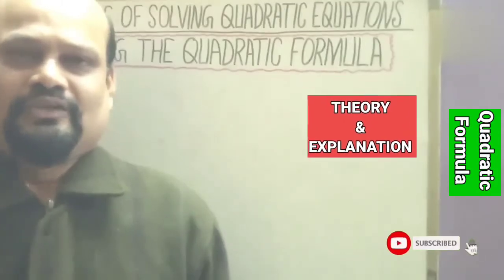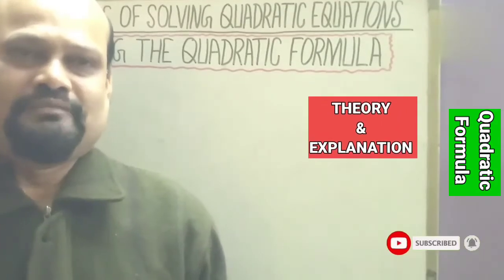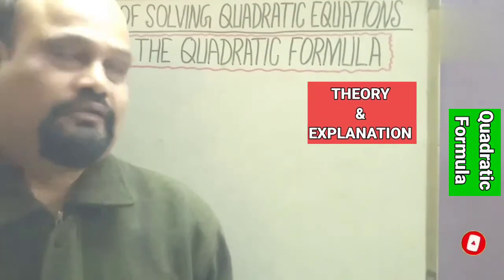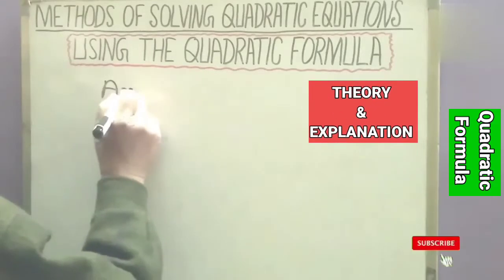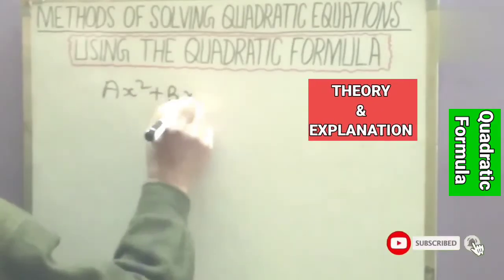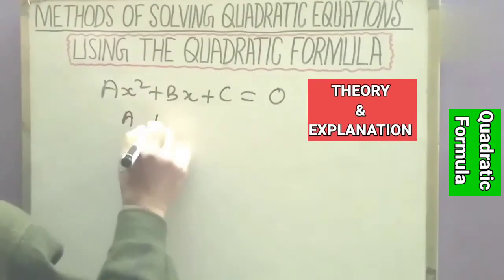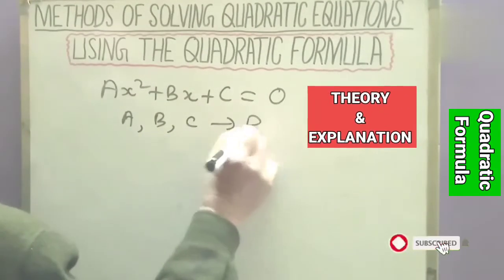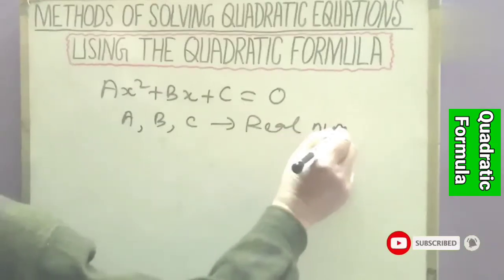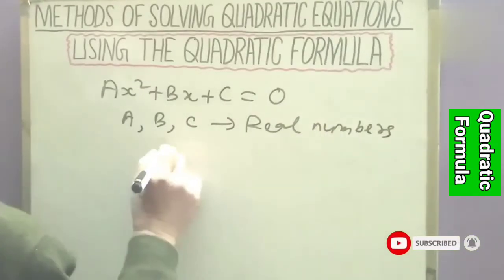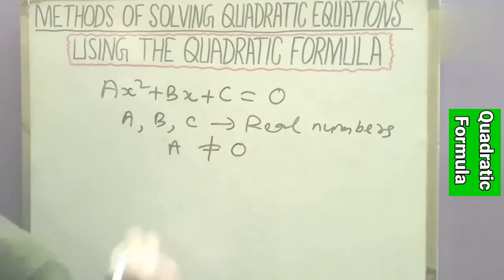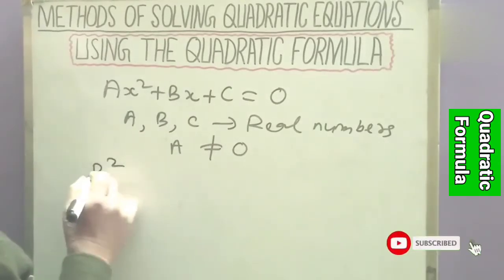Now, let's discuss solving quadratic equations using quadratic formula. A quadratic equation in standard form is given by ax² plus bx plus c equal to 0, where a, b, c are real numbers and a not equal to 0.